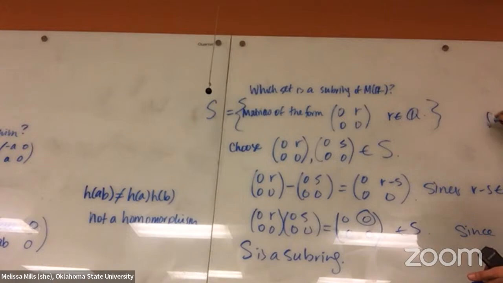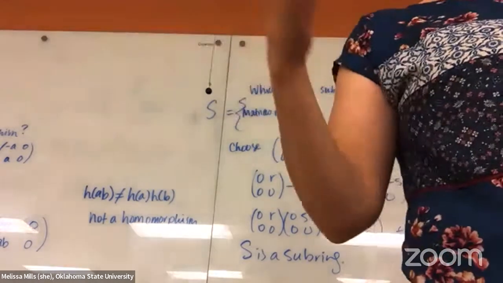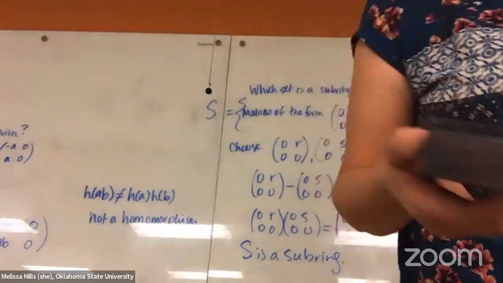If we define this as some function f of r equals that, I know the addition part will work out, but the multiplication part won't, because r times s is not equal to 0. So you could take all of the ones here and do a mapping with those examples and think about that.